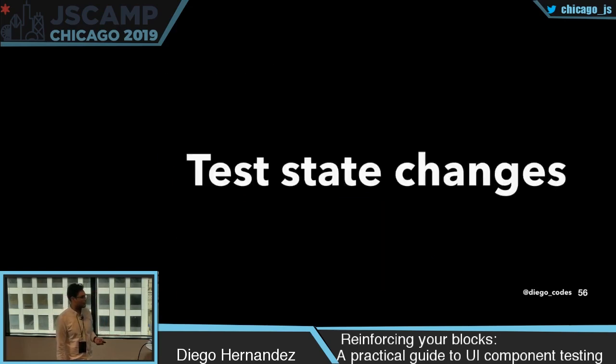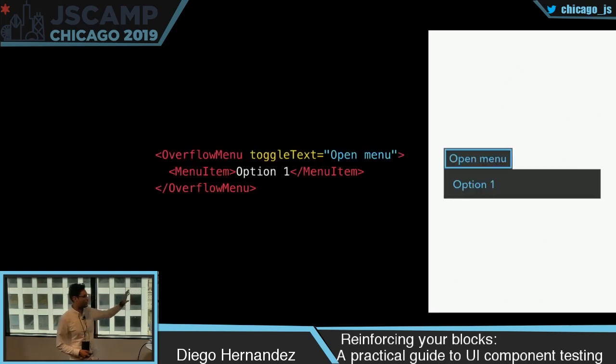You can also test state changes, and I recommend you do that. So we tested that when you render that overflow menu, you don't see the options. But now we want to test that when we do open that overflow menu, then we can see those options. So it's kind of the opposite of that.